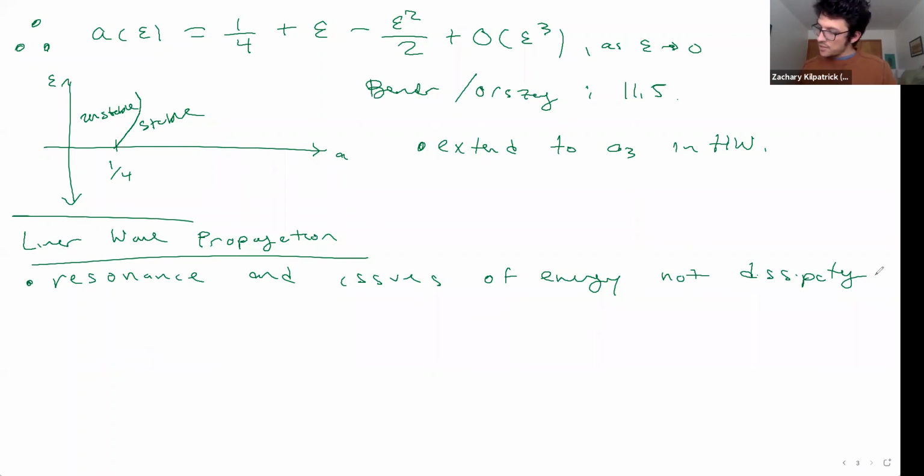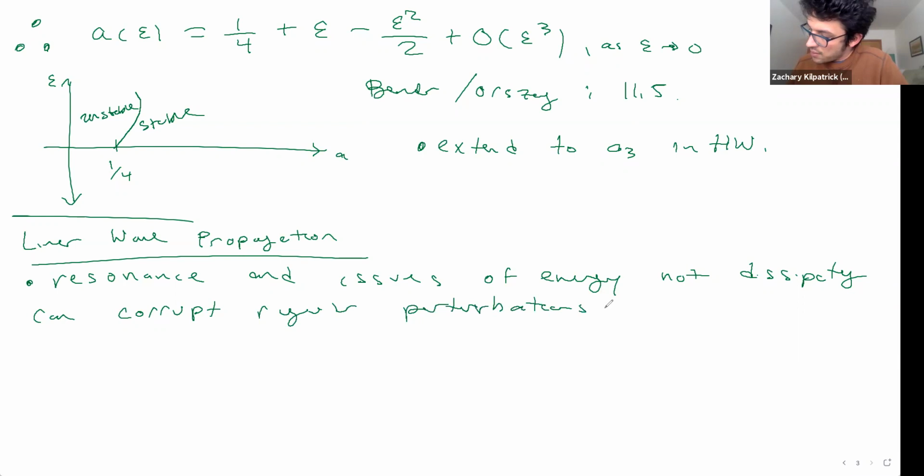So resonance and issues of energy not dissipating can corrupt regular perturbations for waves. If you think of a string, it behaves like a spatially extended oscillator.